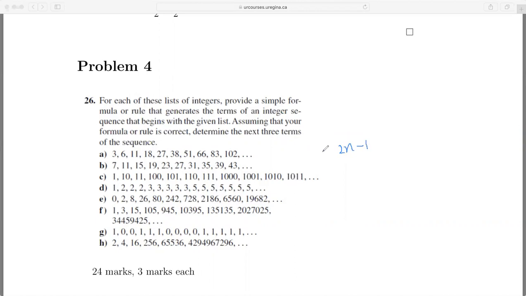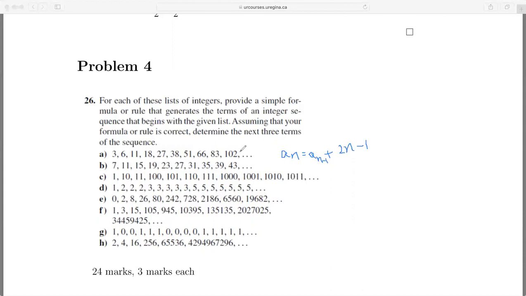So if we find an, it will be the previous term an minus 1 plus twice n minus 1. So this is our formula.